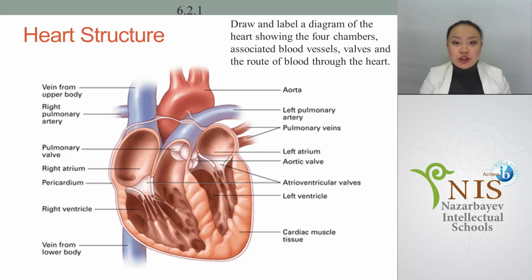You know, in nature we don't have anything by accident. It is specially made. And now during our lesson we'll answer this question. Why does the bottom of the left ventricle have much thicker muscle tissue?